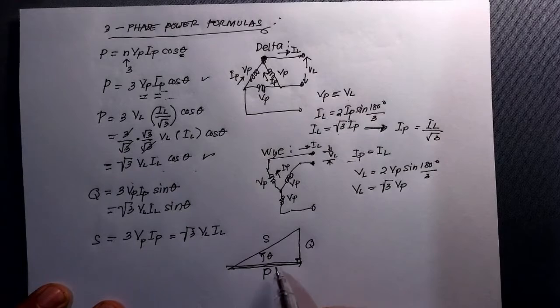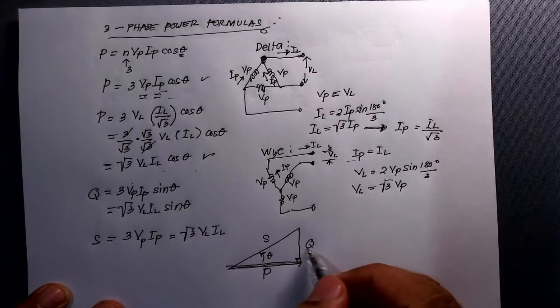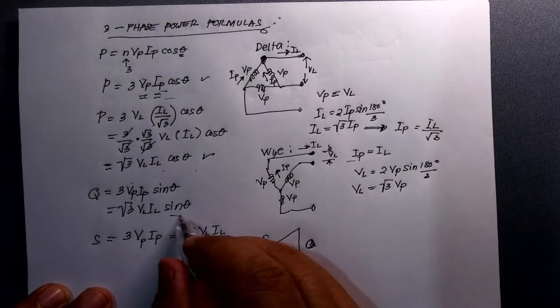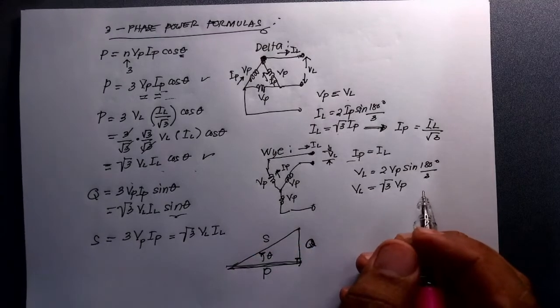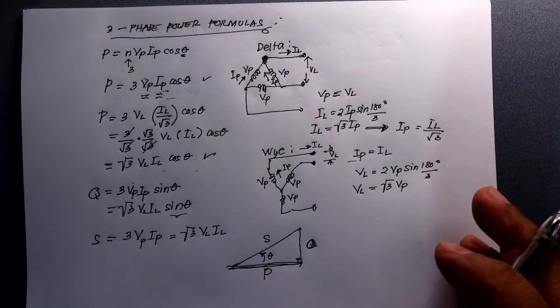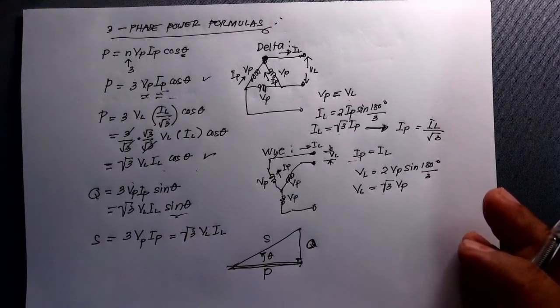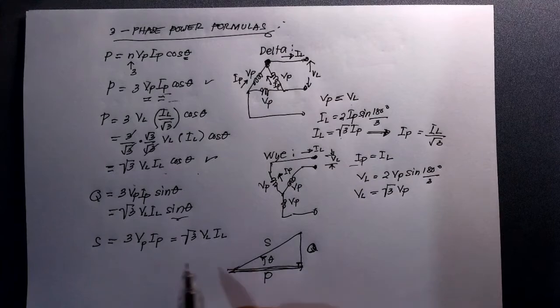For the reactive power, you have here Q, and Q is sine theta. And for the apparent power, that will be the hypotenuse. So these are the formulas that you can use in solving for power in alternating current, specifically 3-phase.